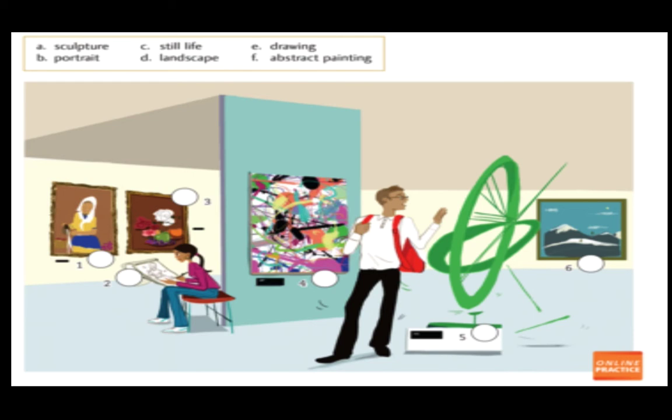A, B, C, D, E, F. Is it a sculpture, a portrait, still life, landscape, a drawing, or an abstract painting? So this first picture, this is a portrait.